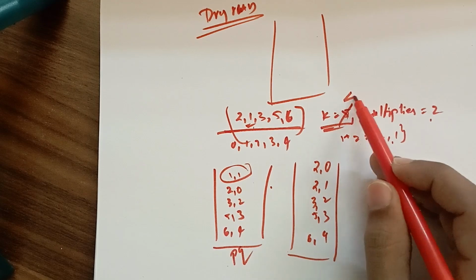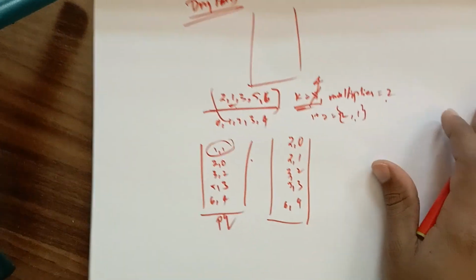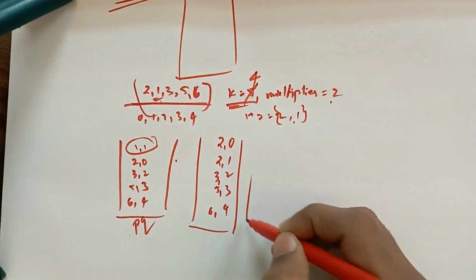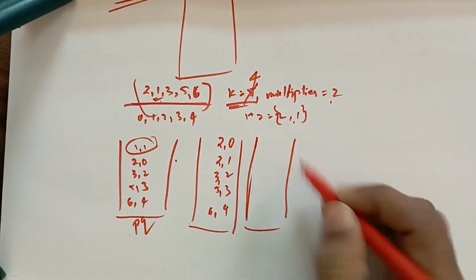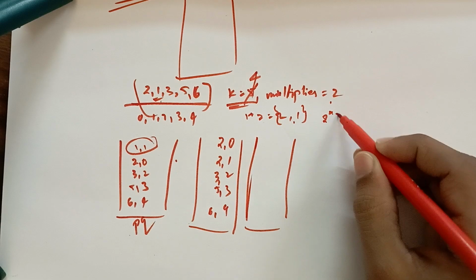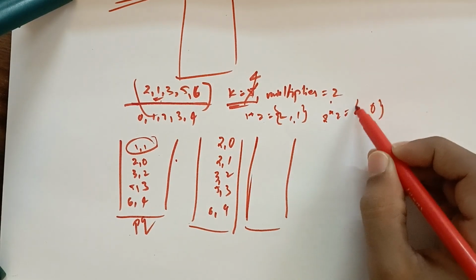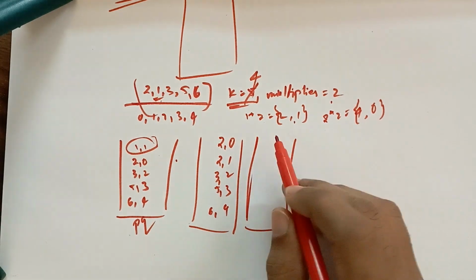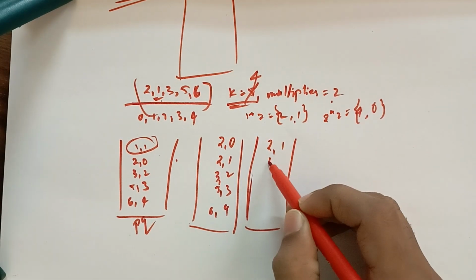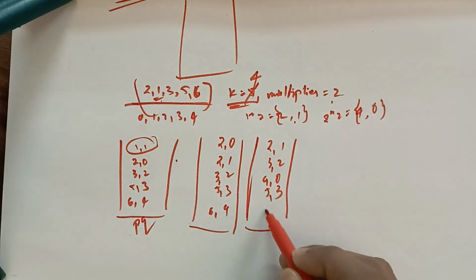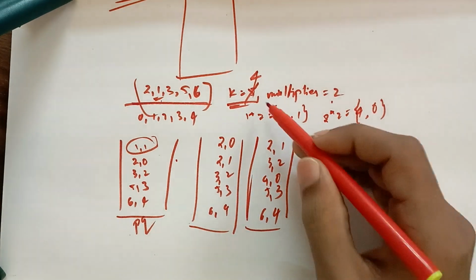Now decrease k to 4, and then here again take 2 comma 0. 2 into 2 will give us 4, and the index is 0. Now push that back into our priority queue: 2 comma 1, 3 comma 2, 4 comma 0, 5 comma 3, 6 comma 4.